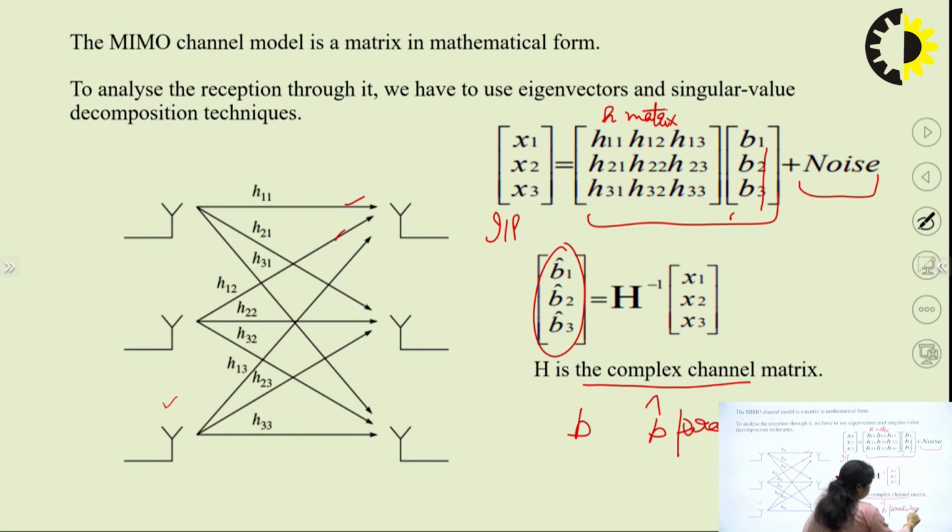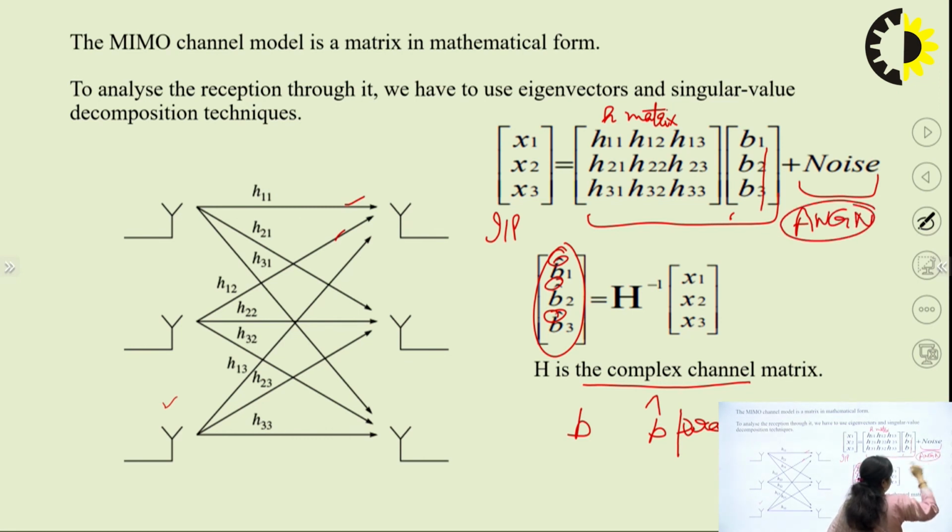This predicted value is denoted by the cap version, and if you want to calculate it, you have to calculate the inverse of this H matrix and then multiply it with x1, x2, x3. These are the parameters of the input matrix. Now the noise we are considering over here is the AWGN noise.